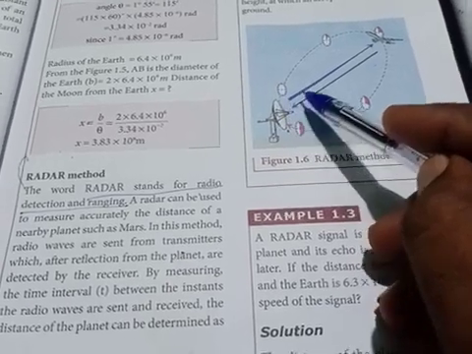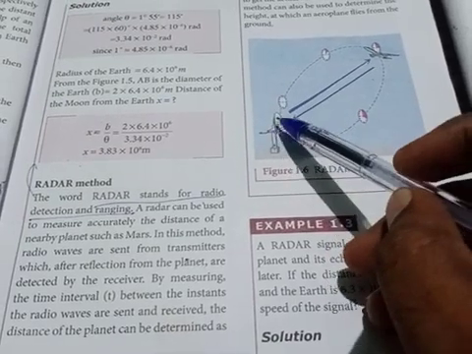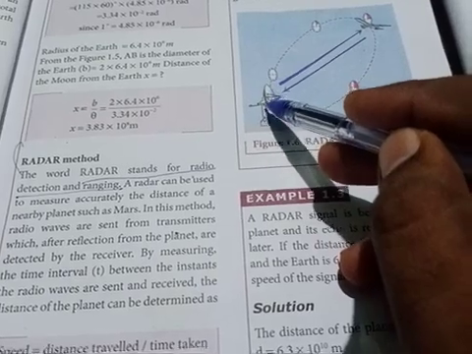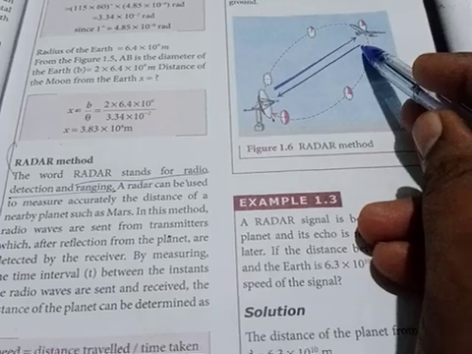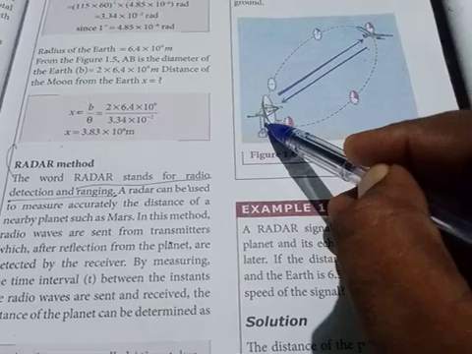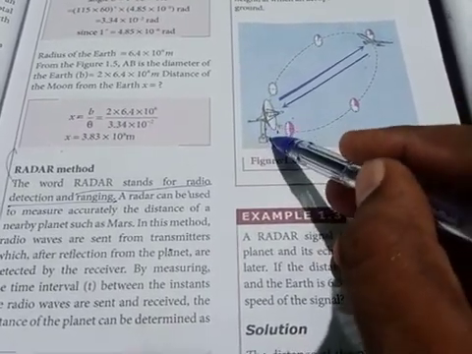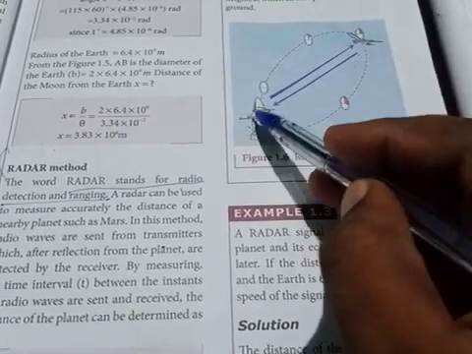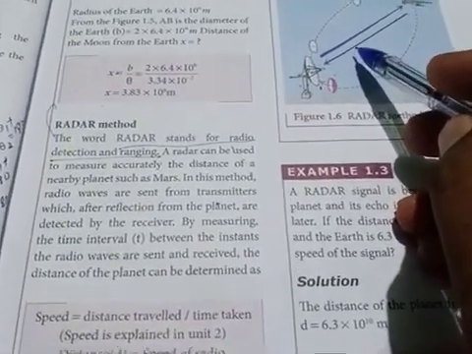Then they are measuring the time, how much time is taken for these radio waves to travel from this transmitter to this flight, then coming back to this transmitter. So the total time is measured. That is what here you can see in this diagram. So that is how it is used.